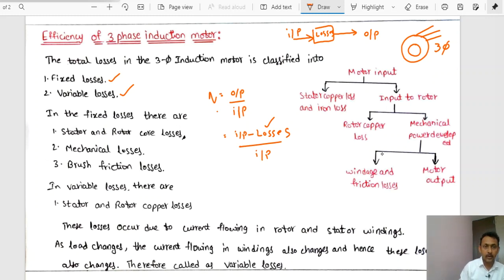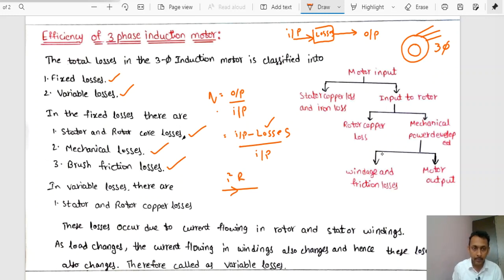Out of these we can simply say they are fixed losses and variable losses. With respect to the fixed losses, stator and rotor core losses, mechanical losses and brush friction losses will be the fixed ones. Now depending upon the amount of the load and the current drawn by the motor, the value of current will be changing, so I square R losses also will be changing.